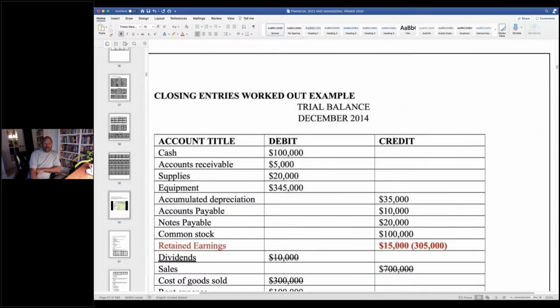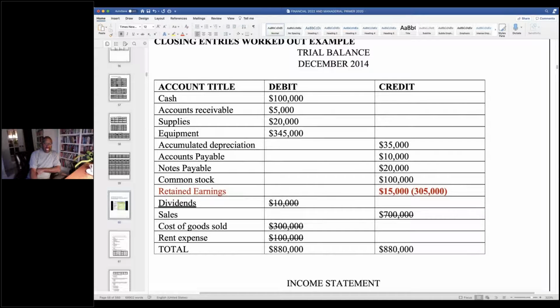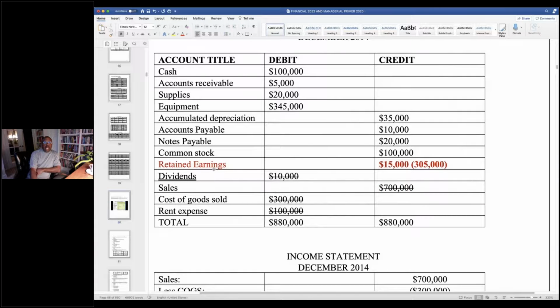So when we make the closing entries, all the accounts below retained earnings are closed out. So we keep our accounts in order: assets, liabilities, common stock, retained earnings.